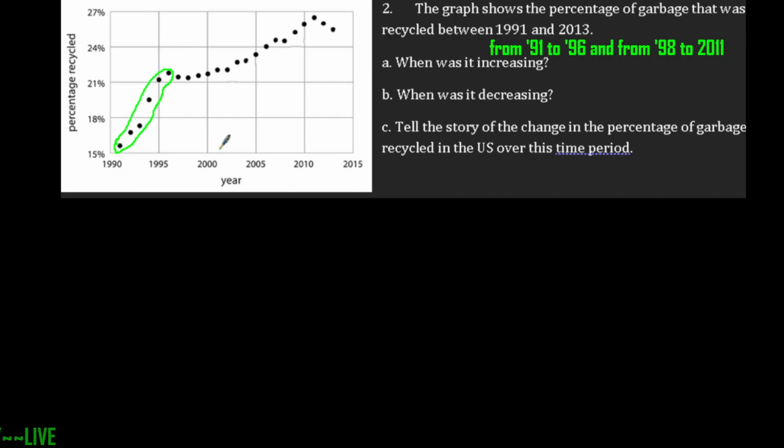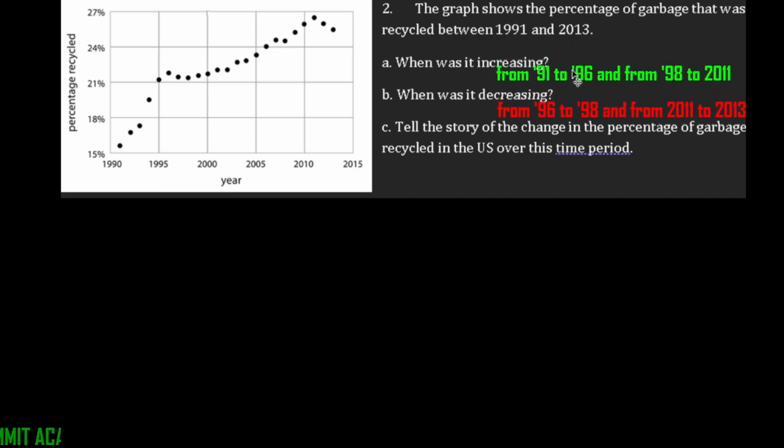And then from 98, which is about right here, we'll say from 98 the whole way to 2013. So that's also increasing. So notice how those highlighted lines that I have, as they move to the right, they go up. And then it says, when is it decreasing now? Well, we could say, let's put that right there, actually. Yeah, let's do that there.